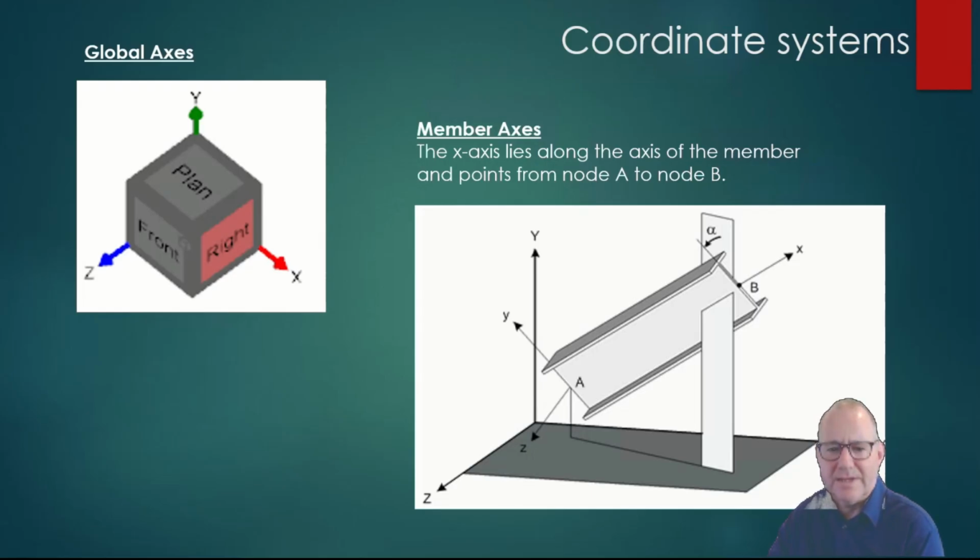You've also got local axes for members, and so in theory your y-axis of your member is the one that's pointing up towards your y-axis. So that would be the case if it was a beam. If it's a column, you've got a slightly different definition. But if you can imagine this as a beam, your x-axis runs from the origin of your beam in the length direction of your beam. Your z-axis, effectively your major axis, and your y-axis is your minor axis.